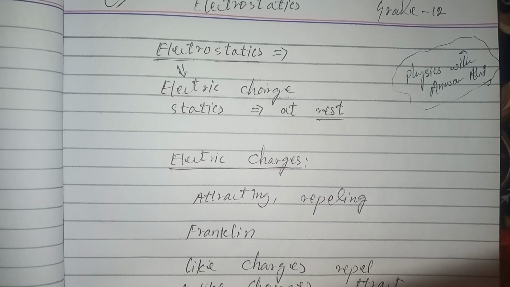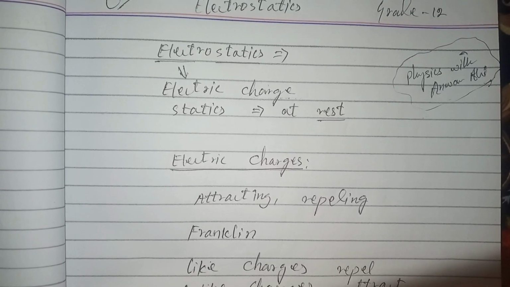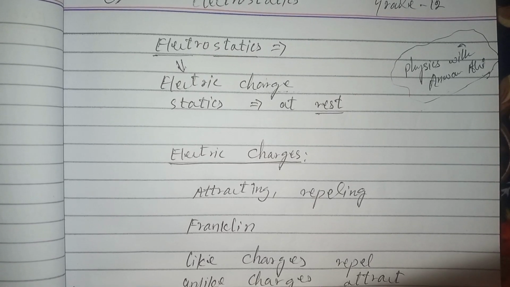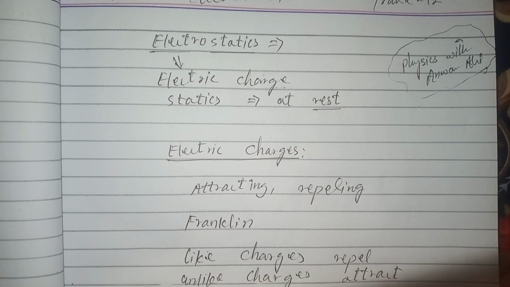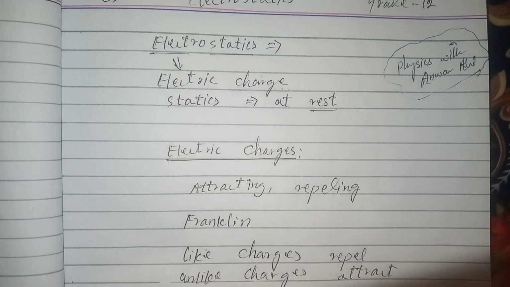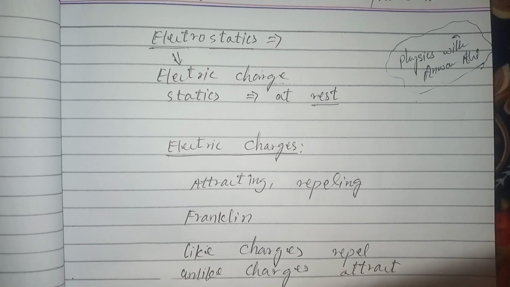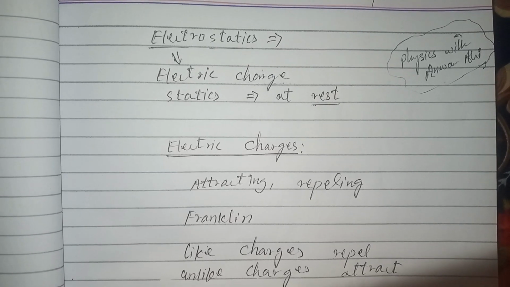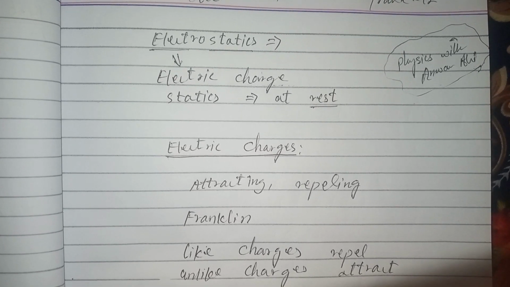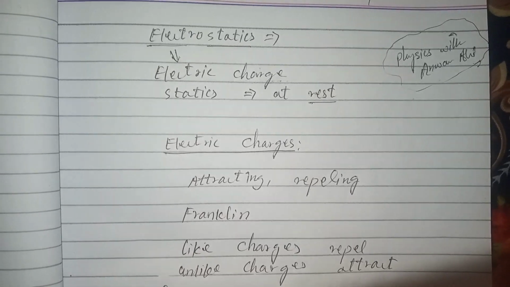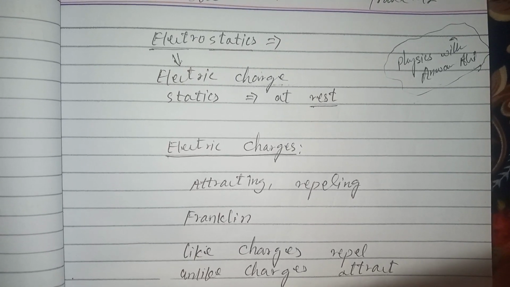This showed that some substances, when rubbed with each other, acquire the property of attracting light bodies. A similar property is observed when a glass rod is rubbed with silk, or an ebonite rod is rubbed with animal fur or flannel. They acquire the property of attracting small light bodies.